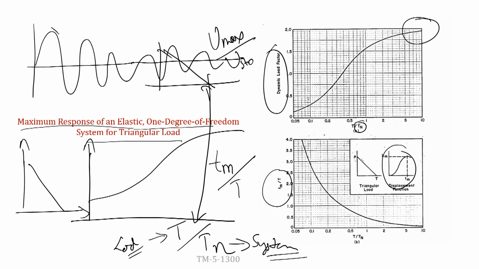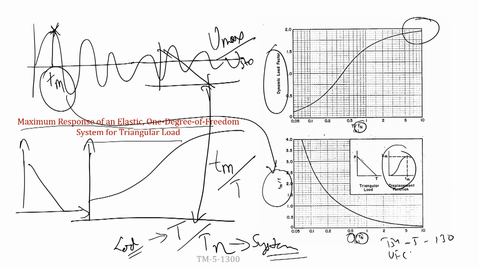This is the time t-maxima at which this particular system will reach the maximum. It is the time required for a system, having the given load signature and frequency signature, to reach a maximum value. These charts are very common in TM5-1300 or UFC 3-340, and can be readily used as design charts.